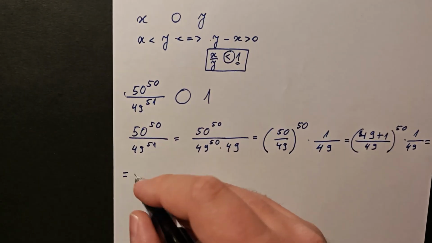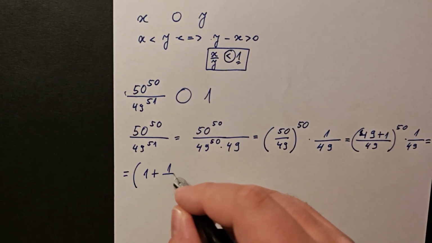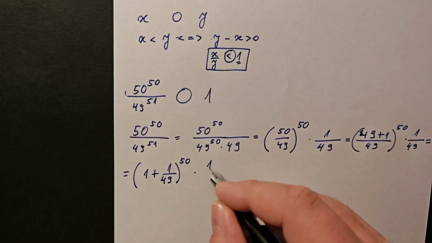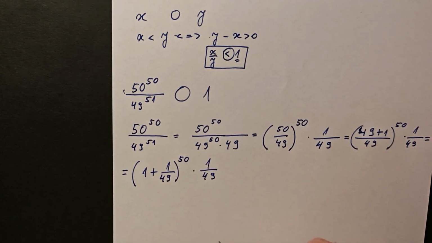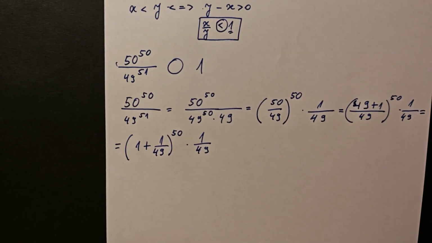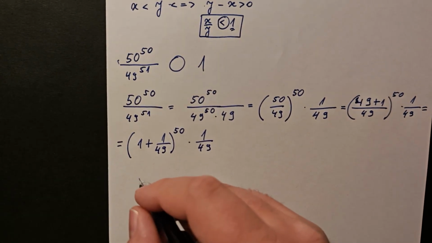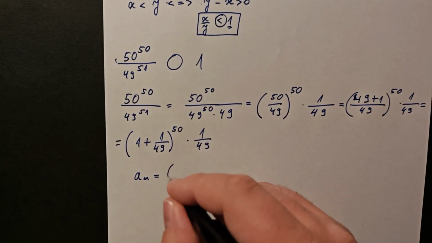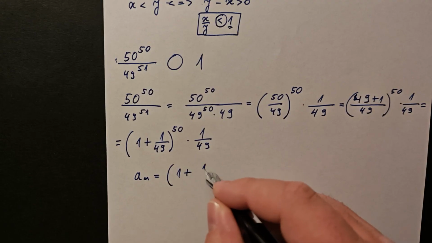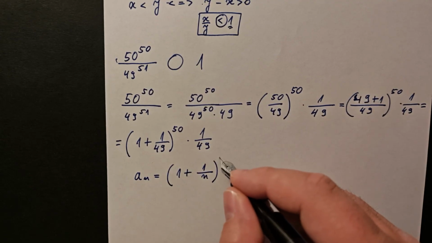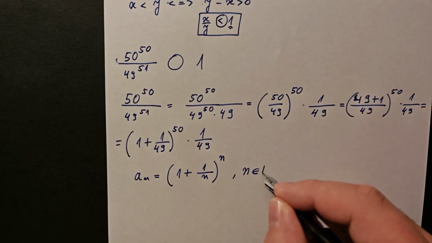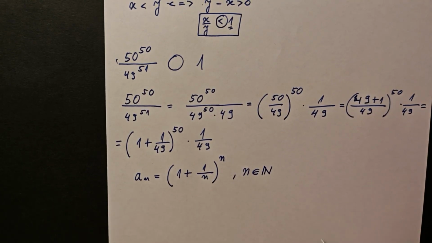So this is then equal to 1 plus 1 over 49, to the power 50, multiplied by 1 over 49. And this is great because it reminds us of a famous sequence where a_n, the general term of that sequence, is defined as 1 plus 1 over n, and that is going to be raised to the power n. Of course, n is a natural number.